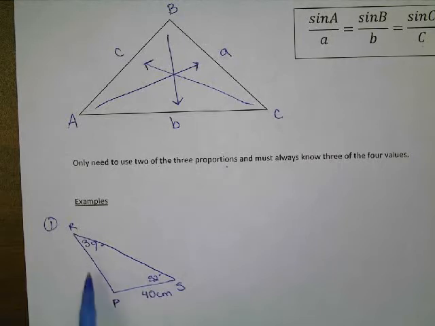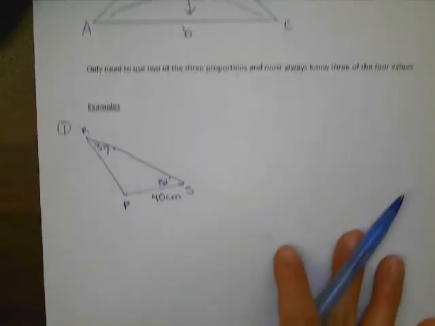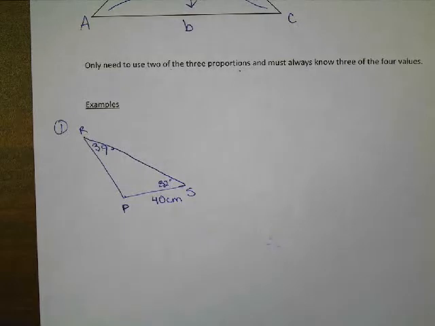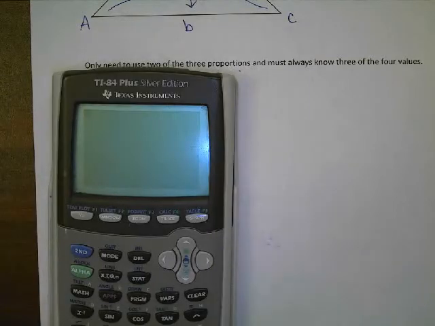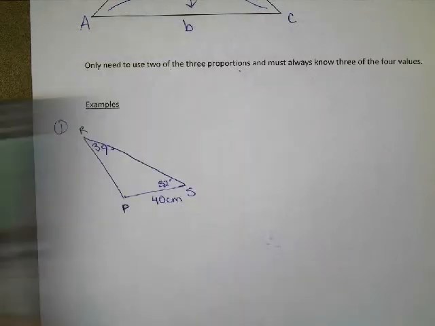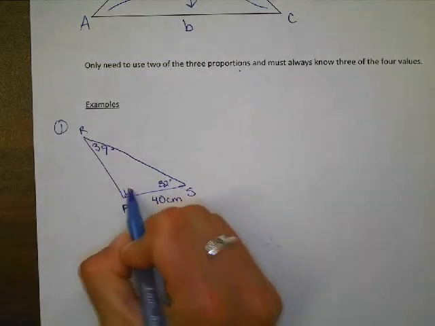So what we can do is, since we know 2 of these angles, we may as well find this third one so that if we need it later, we will know what it is already. Now, if you remember, a triangle adds up to 180 degrees on the inside. So if we already have 39 and 32, that makes 71. So 180 minus 71 is 109, which means this angle here must be 109 degrees.